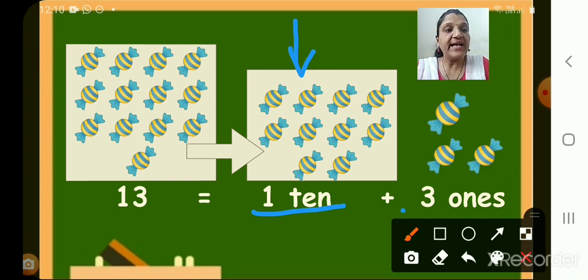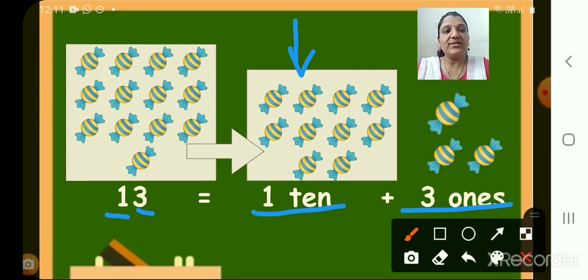We call it as 3 ones. Hence, we read this as 13 equals 1 ten plus 3 ones. Thus, in number 13, we find number 1 is at tens place and number 3 is at ones place.